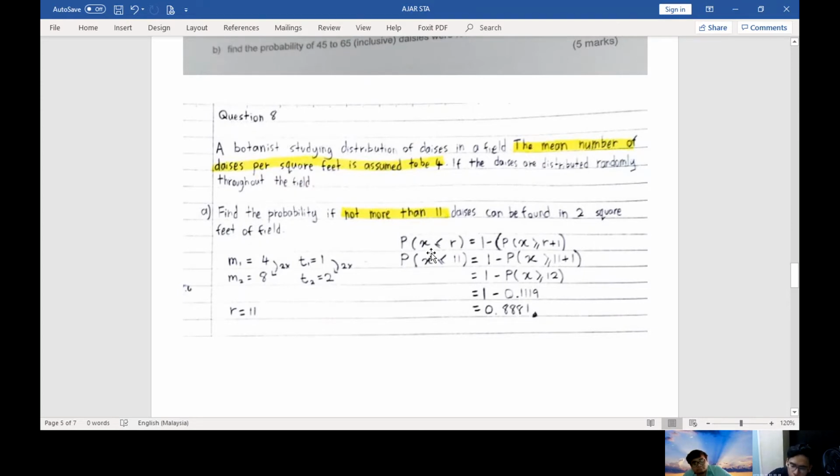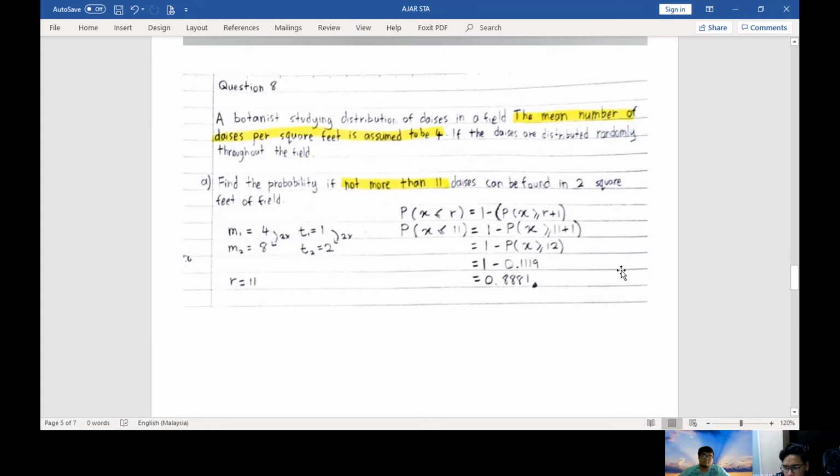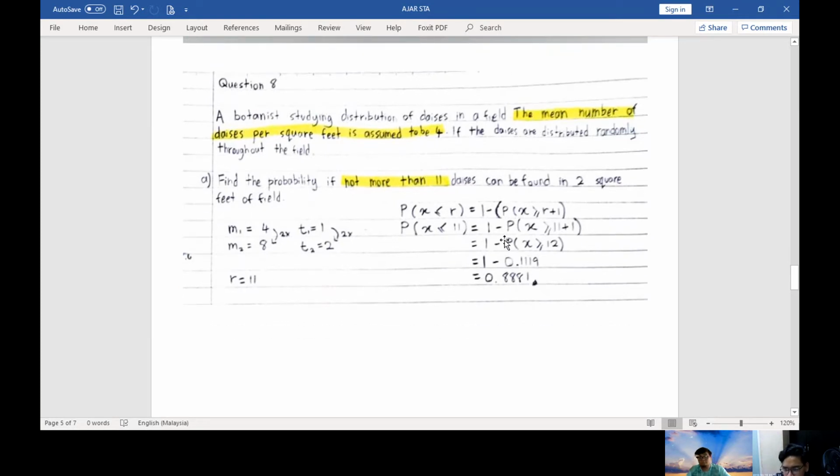We need to use this formula: P(X less than or equal to R) equals 1 minus P(X more than or equal to R plus 1), because the question said not more than 11. So we have all the information here, and we just need to put it in the formula.